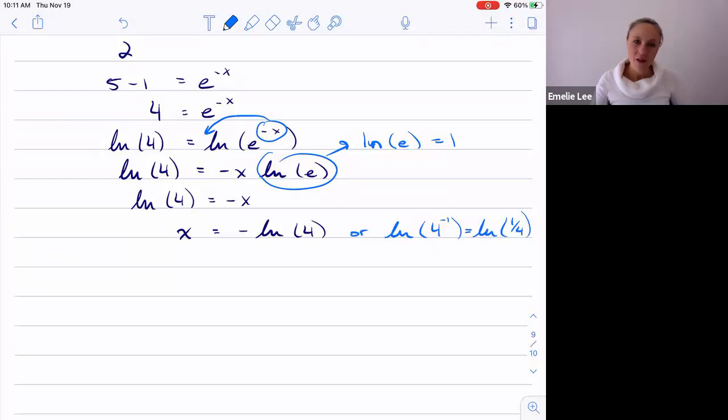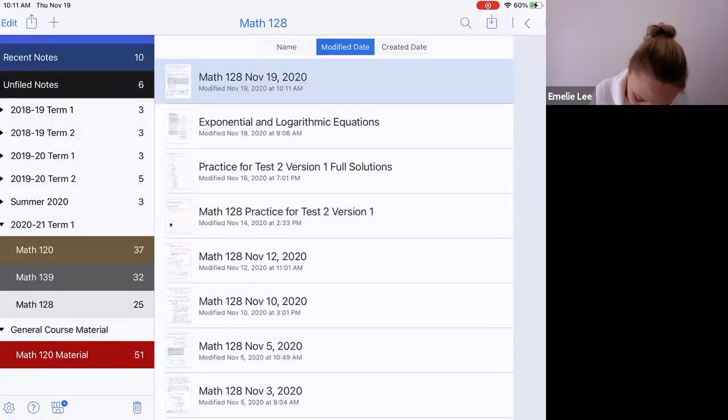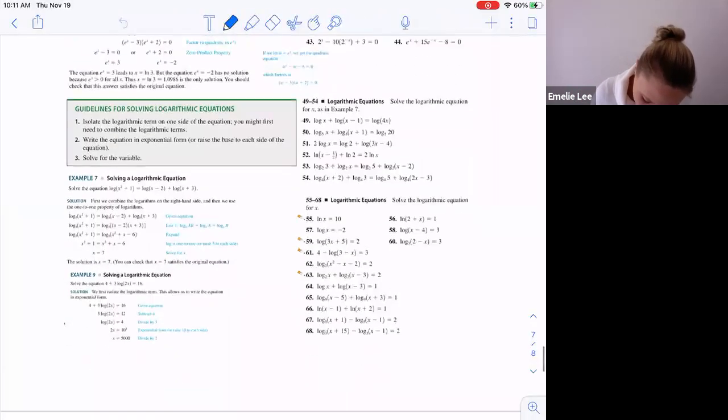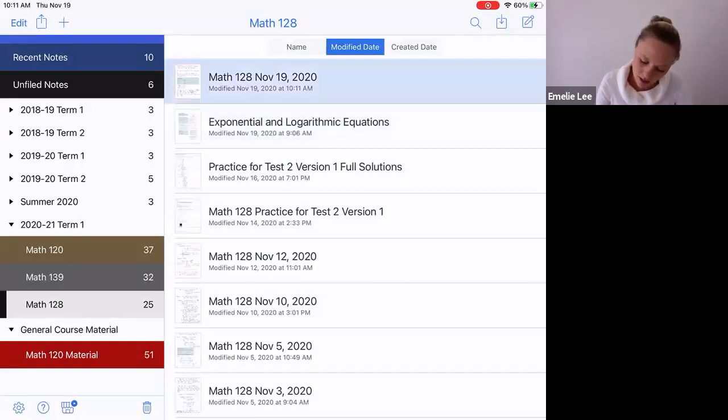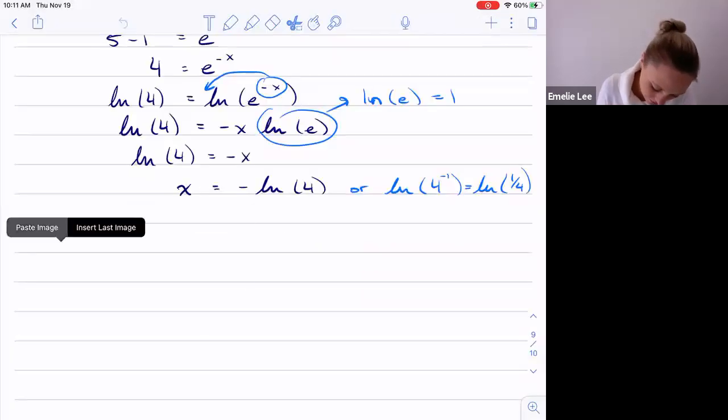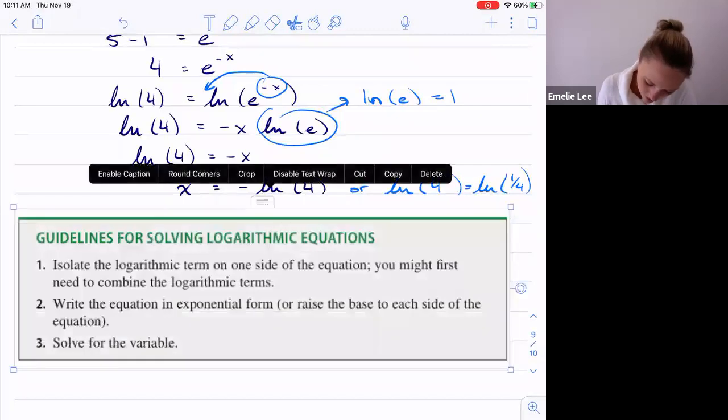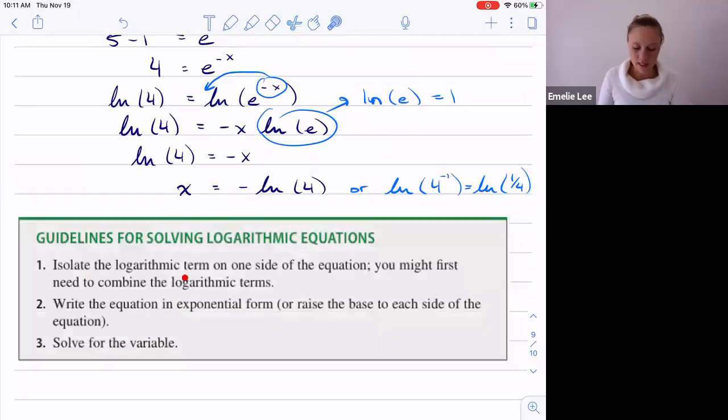So we can do the same thing for solving logarithmic equations. We isolate the log, basically whittle down to x as far as you can. You isolate the logarithmic term on one side of the equation.